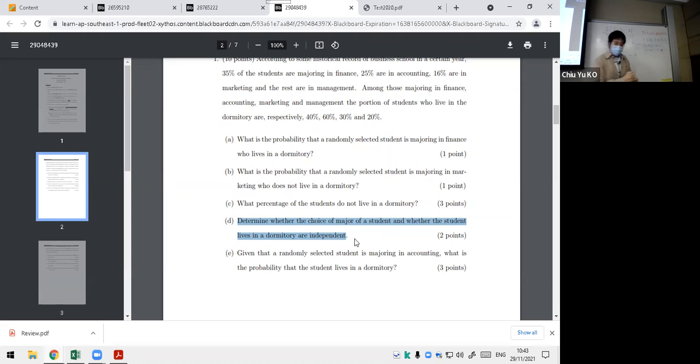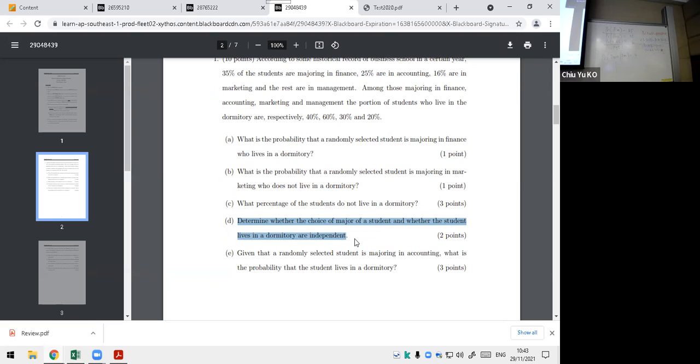Just once, you don't need to do anything, because different majors have different percentages living in DOM. So how can they be independent? Completely free answer. You don't need to calculate if you are careful enough to think. If you use this one, you need to do some multiplication, but if you do this or this, then it works quickly.